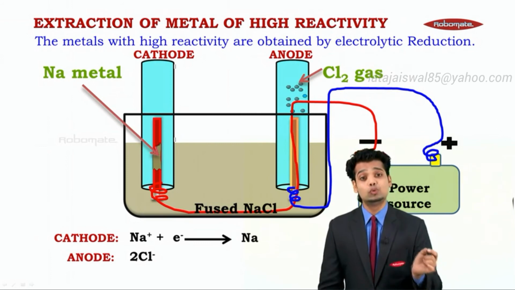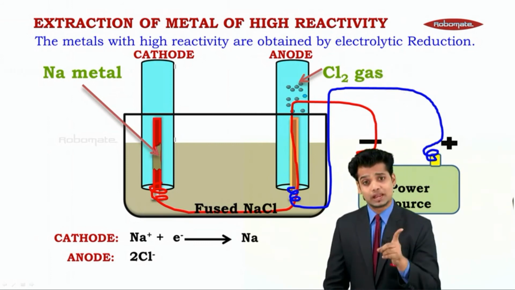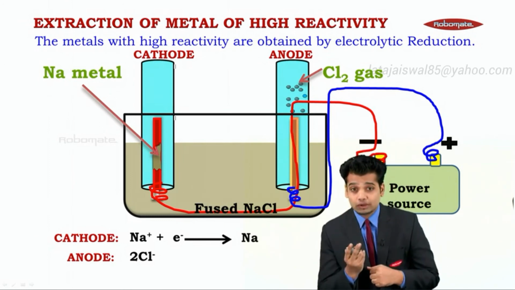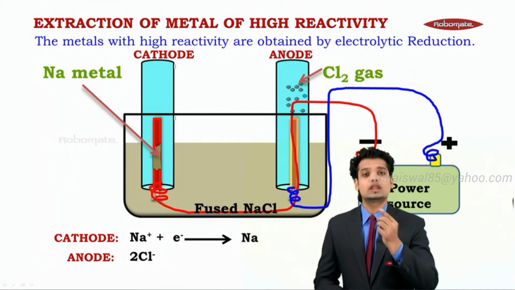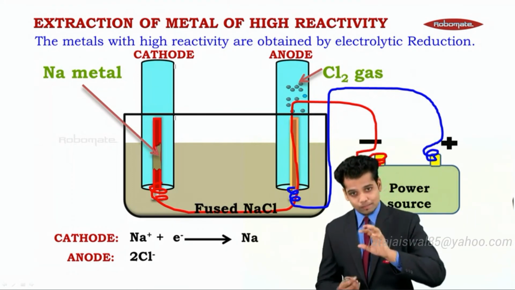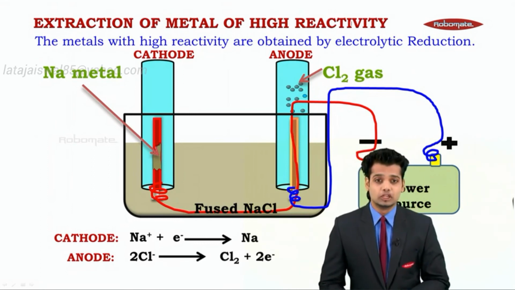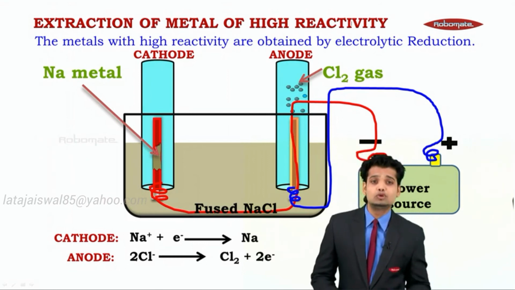Now Cl2, we have to balance it with 2Cl-. If one Cl- gave one electron, 2 Cl- will give me 2 electrons. So we minus 2 electrons from 2 chlorides, and when you move it to the right-hand side, it becomes positive: Cl2 plus 2 electrons. Those 2 electrons are given to 2Na+.